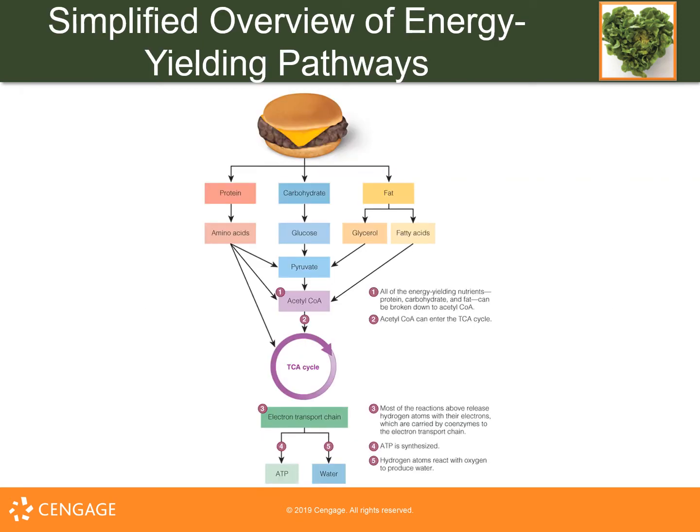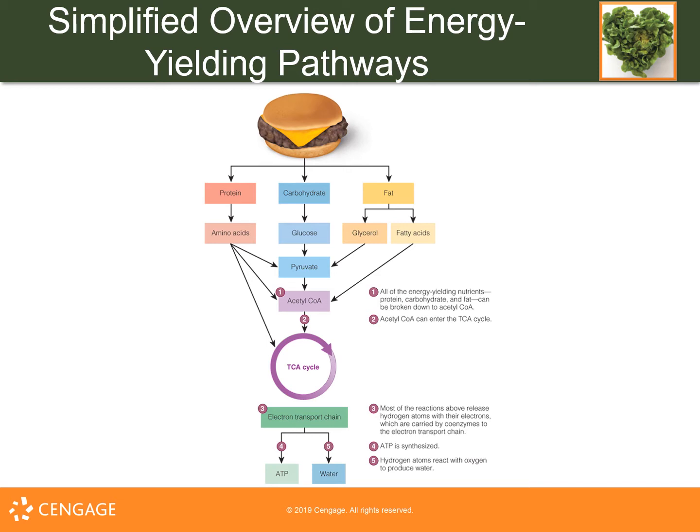Simplified overview of energy-yielding pathways. This image shows how protein, carbohydrates, and fat can be broken down to acetyl-CoA, which then enters the TCA cycle. The TCA cycle, also known as the Krebs cycle or citric acid cycle, is a series of metabolic reactions that break down acetyl-CoA to carbon dioxide and hydrogen atoms.